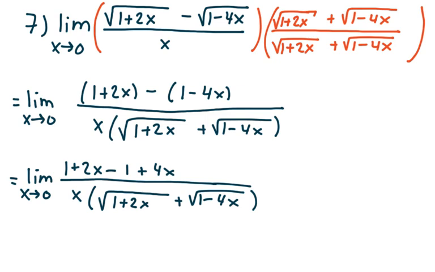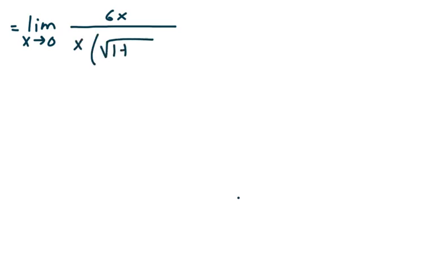Now, the ones cancel, right? And 2x plus 4x is 6x. So we get the limit as x goes to 0 of 6x in the numerator, and x times the square root of 1 plus 2x plus the square root of 1 minus 4x.